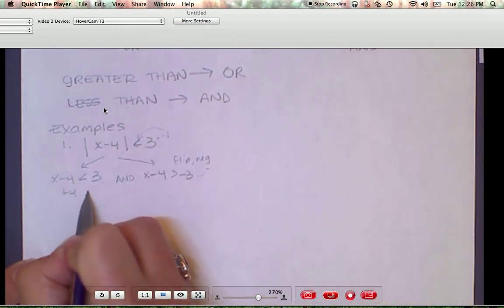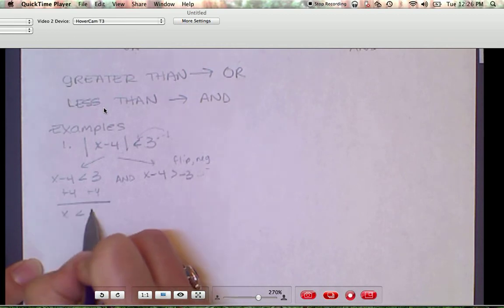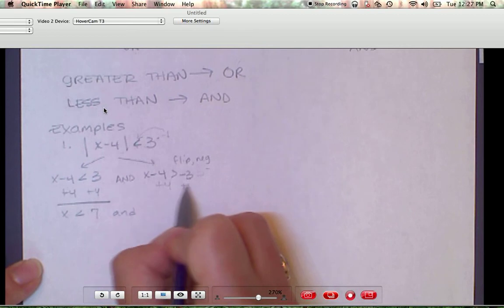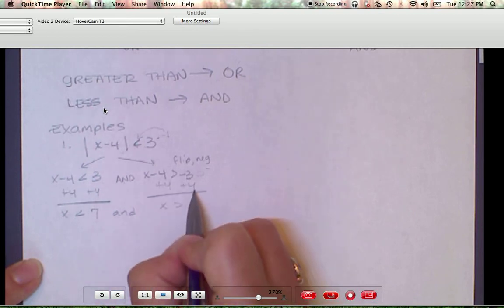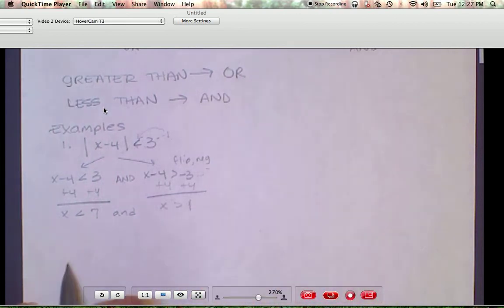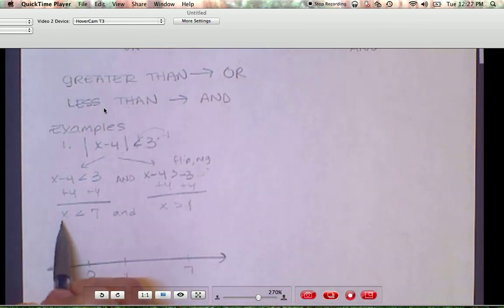Now we solve these and graph these. So we add 4 to both sides. We get x is less than 7. And add 4 here. We get x is greater than 1. Now when we go to graph these, we've got our number line. Remember we need 0 and 1 and 7. So we're going to make two graphs above, just like section 6.4.